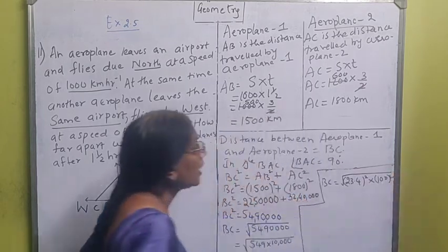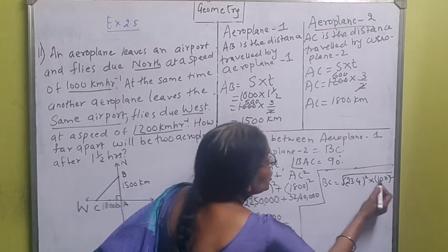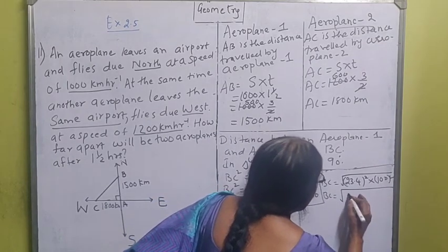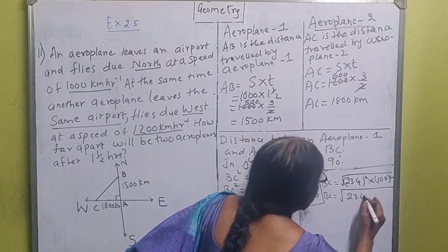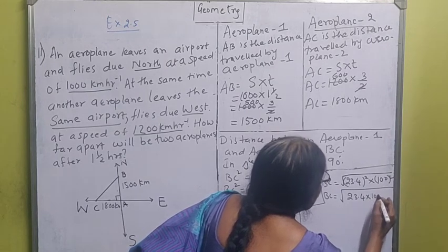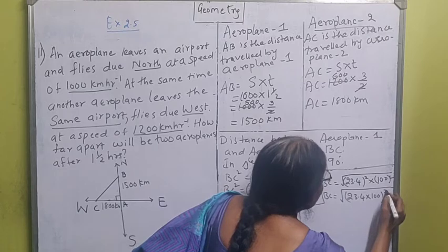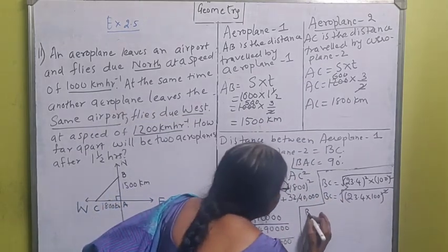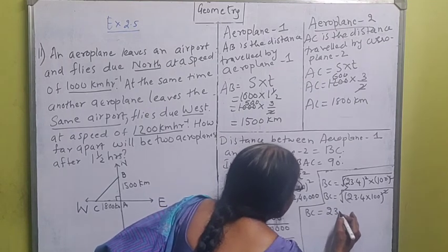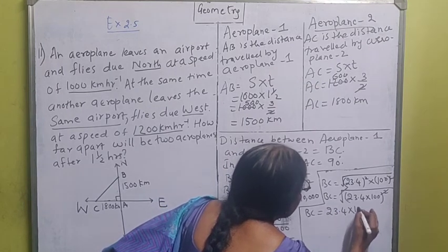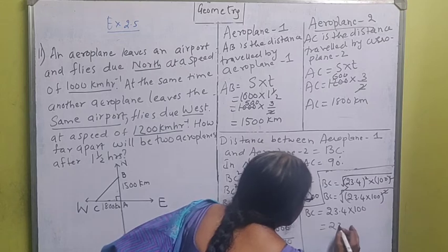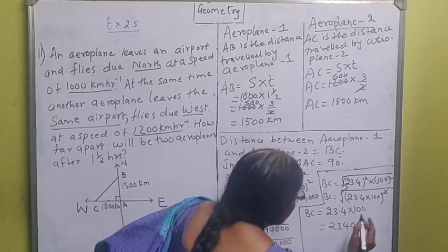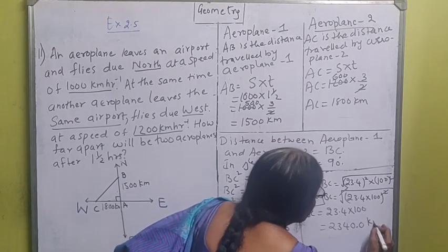This is also a square, this is also a square, so I can write it under one square only: 23.4 into 100 the whole square. So square and square root will cancel. I will get BC is equal to 23.4 into 100, which is 2340, with one place of decimal. So here it came. BC, how much did you get?